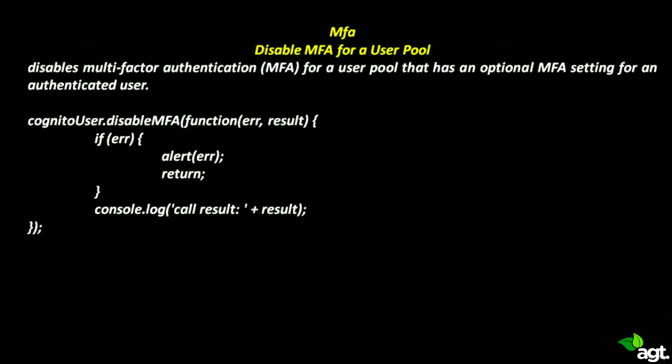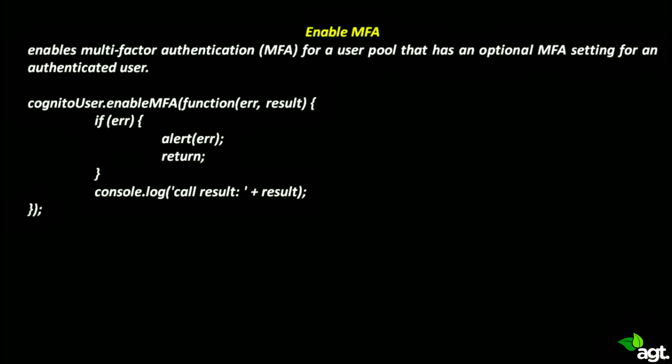And how to disable MFA for our user pool, because it disables multi-factor authentication for our user pool, and it has the optional MFA setting for an authenticated user. And how to enable MFA, which enables multi-factor authentication for our user pool. This is the enable MFA code.